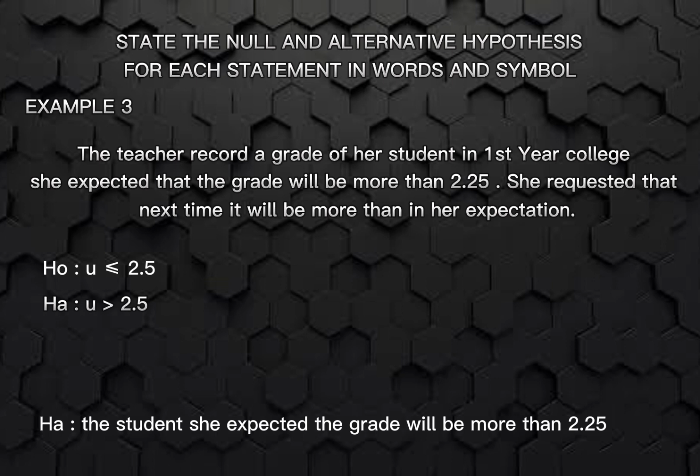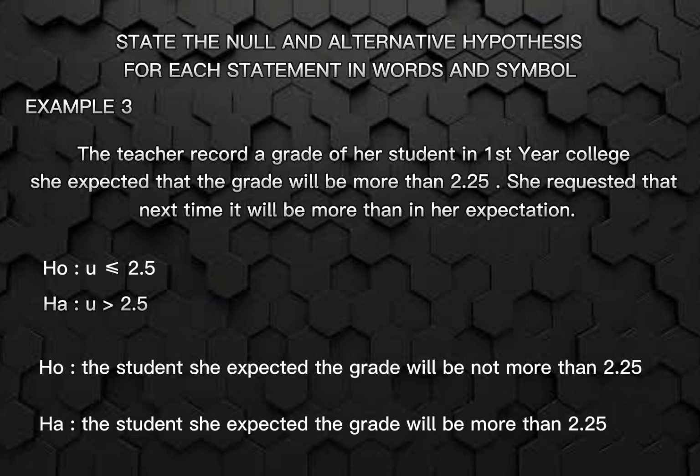And tulad lang din ulit ng sinabi ko kanina na yung null hypothesis natin ay dapat maging equal. Pwede siya in words less than equal to and pwede not more than. Bahala kayo kung ano yung gusto nyo dyan. So guys, the null hypothesis is the student, she expected the grade will be not more than 2.25.